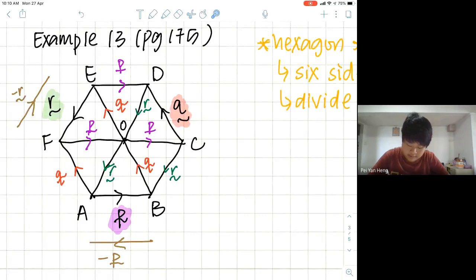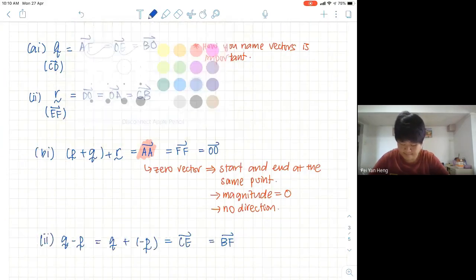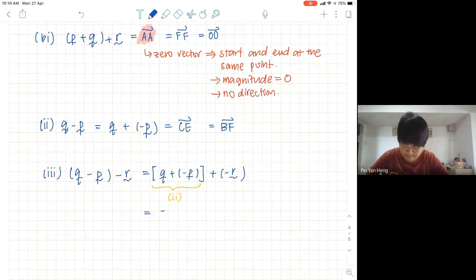So if you notice, B to O plus a negative P plus a negative R, it gets me from here. So it's the same as all the way up. So it's the same as vector BE.